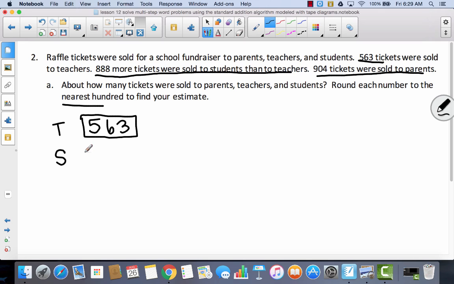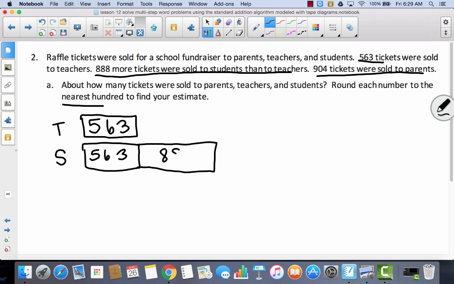Then it says 888 more tickets were sold to students than teachers. So that means that students not only bought 563 raffle tickets like the teachers, they also bought 888 more. Notice I'm drawing this box bigger because 888 is greater than 563. And then we have parents. And it says that the parents bought 904 tickets.